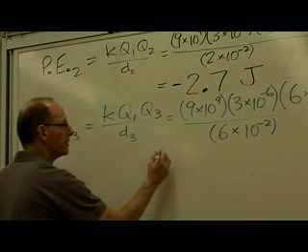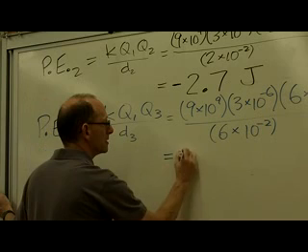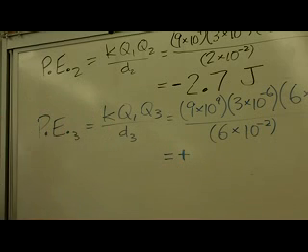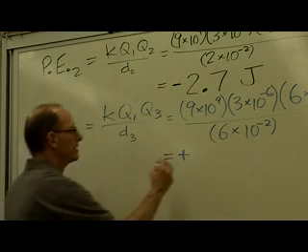I don't know what it is though. What do you guys get? Yeah, I got 2.7. 2.7 again. Really? So who got 2.7 again? Just by total fluke. Wow. Okay.